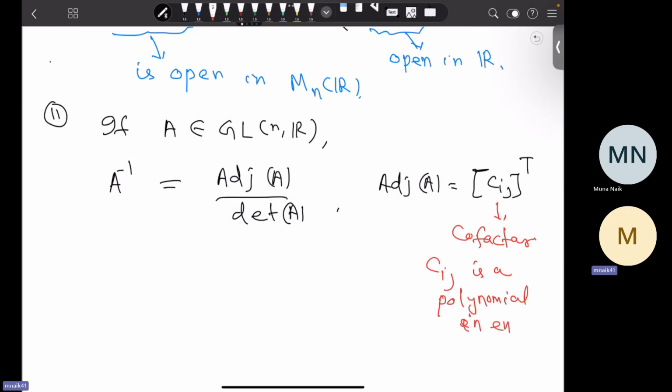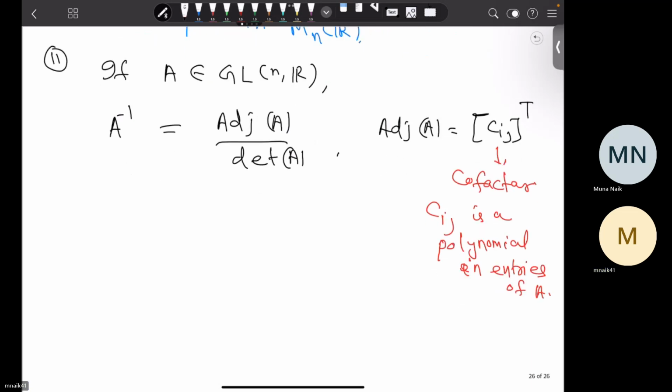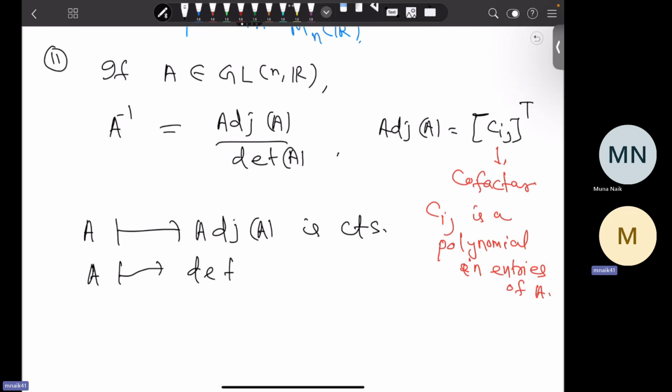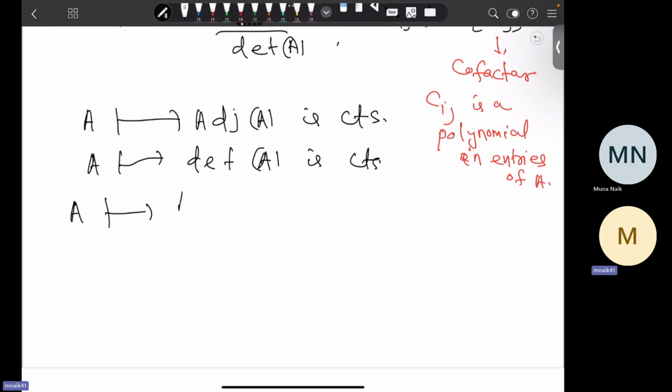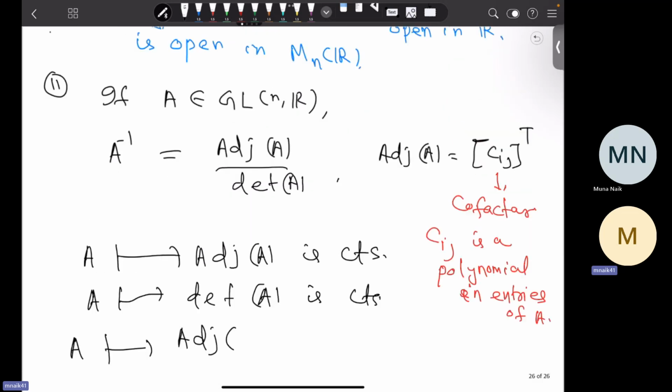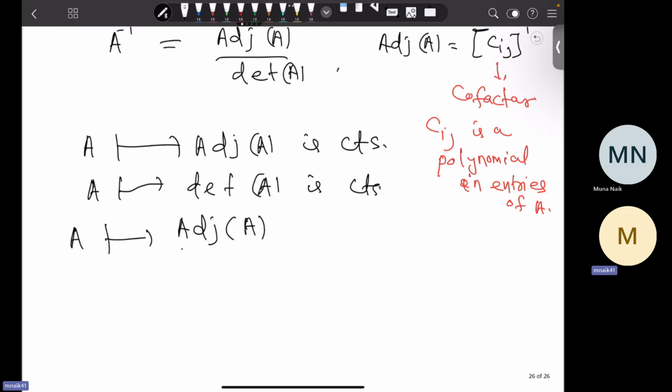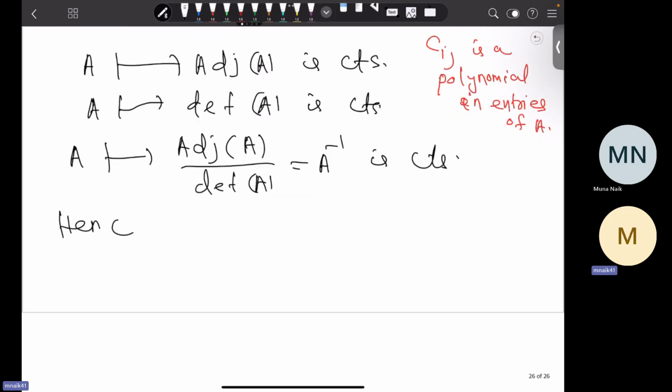That means A going to the adjoint of A is continuous. We have also seen that A going to the determinant of A is continuous, and it is non-zero on GL_n(R). So A going to the adjoint of A divided by the determinant of A, which is nothing but A inverse, is continuous. Hence A going to A inverse is continuous.